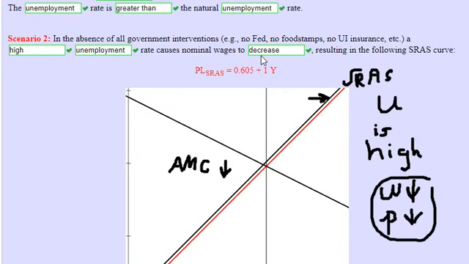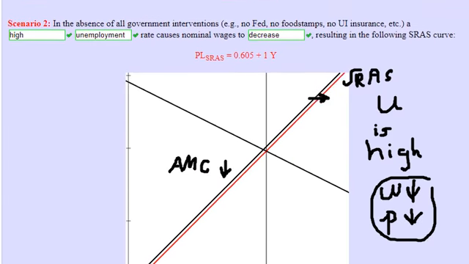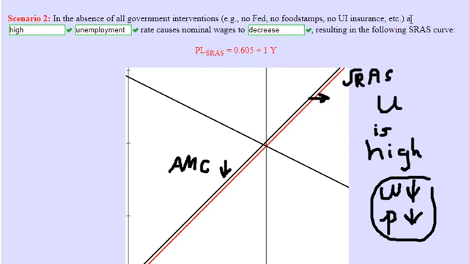And it does, right? It does work. Okay. So let's just review. In the absence of government intervention, a high unemployment rate causes nominal wages to decrease. Why? Because people are desperate for work, right? And when they're desperate for work, they'll work for less.